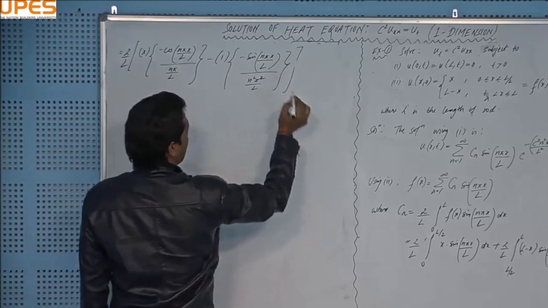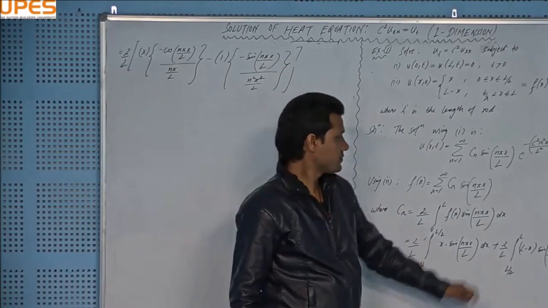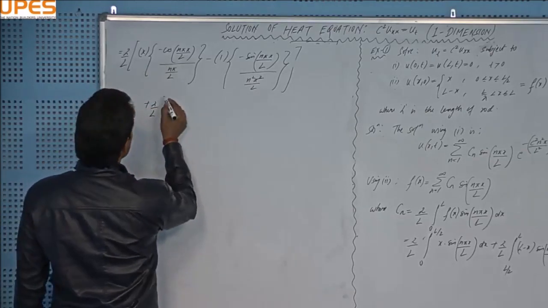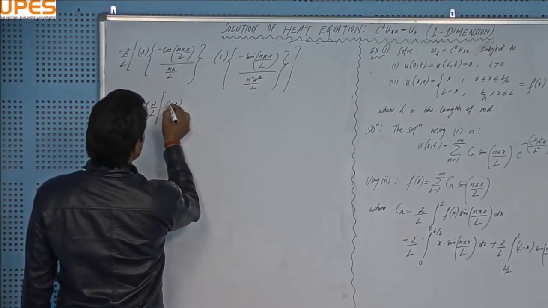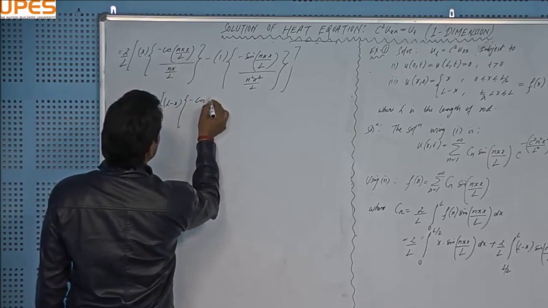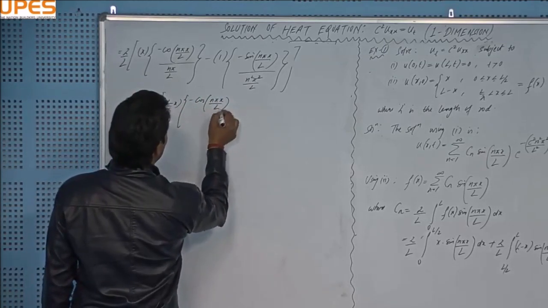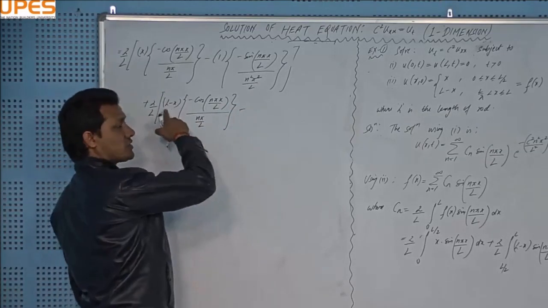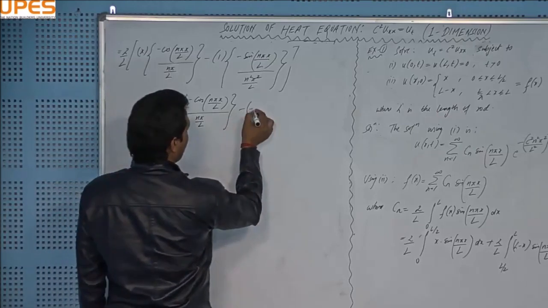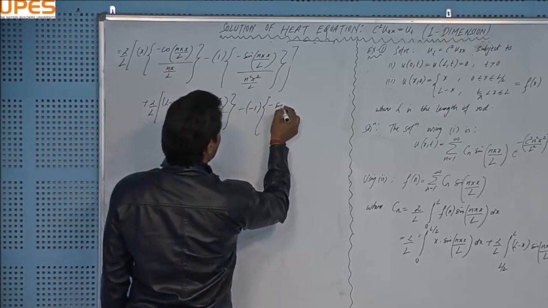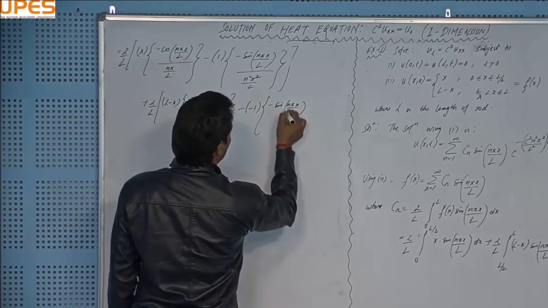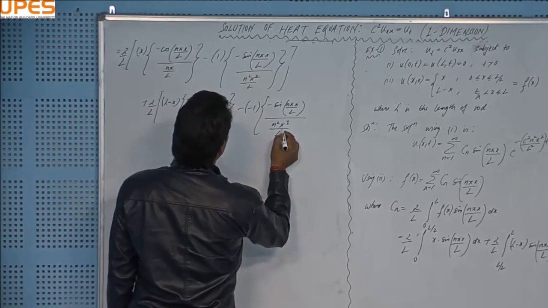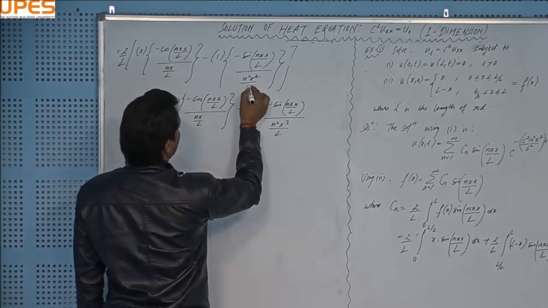And for this term, plus 2 by L, (L minus x), this will be same, minus cos(n pi x over L) over n pi over L, minus the differentiation of this term will be minus 1, and again minus sine(n pi x over L) over n square pi square over L square.